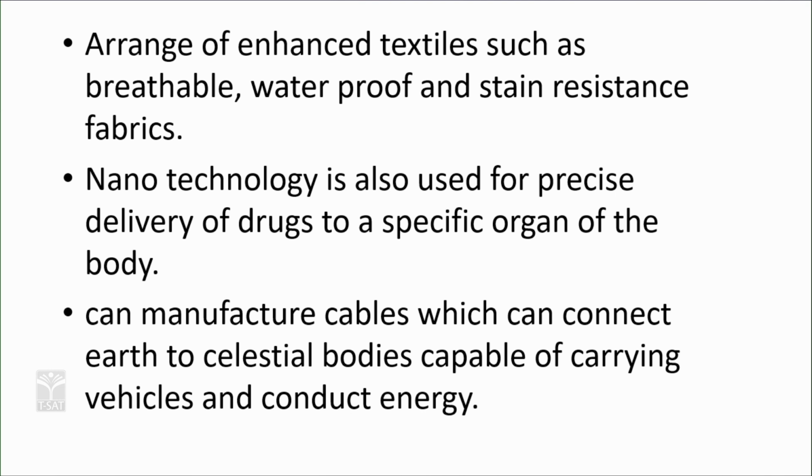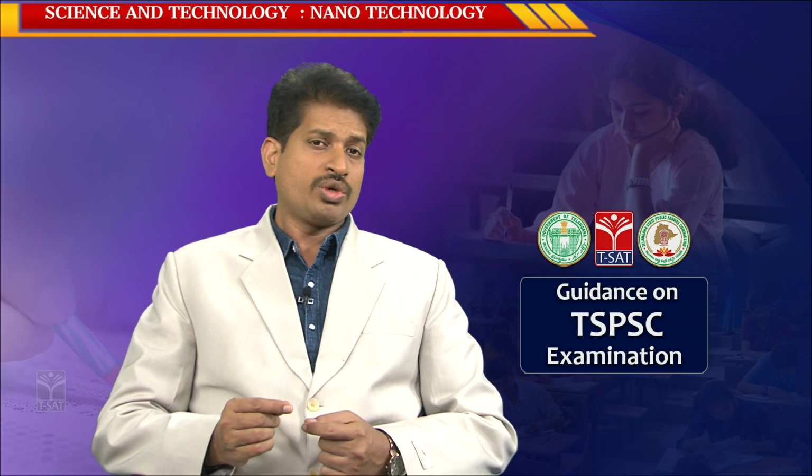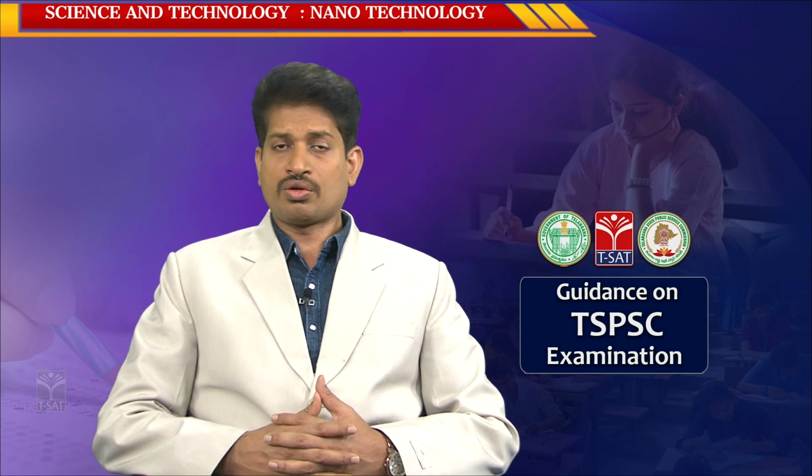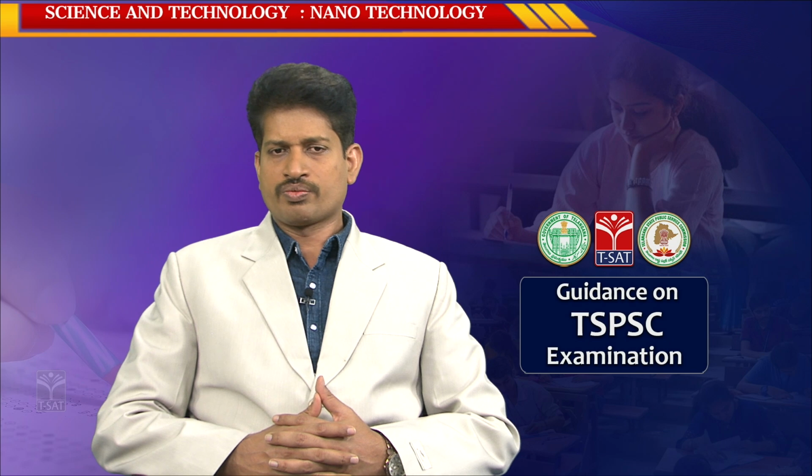Stain resistant materials: if there are any tea or coffee stains on your clothes, it looks odd. But there are certain fabrics that do not get stained unnecessarily. So, stain free clothes can also be made with the help of nanotechnology.